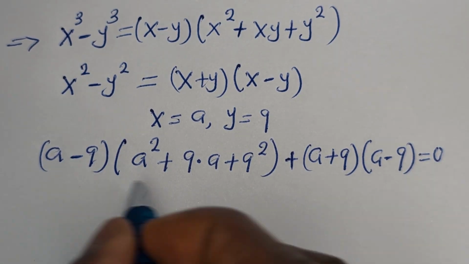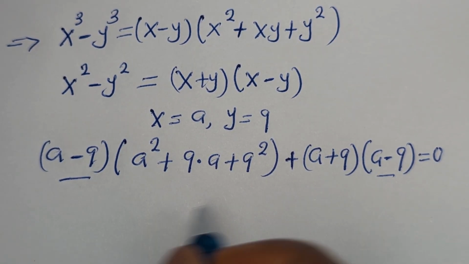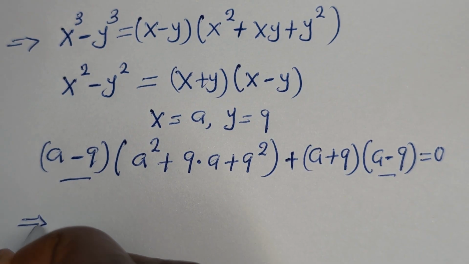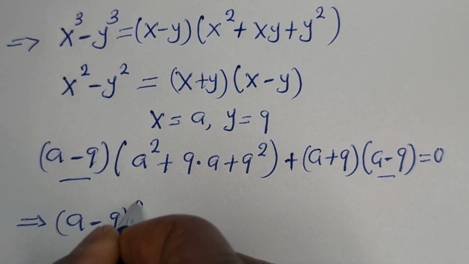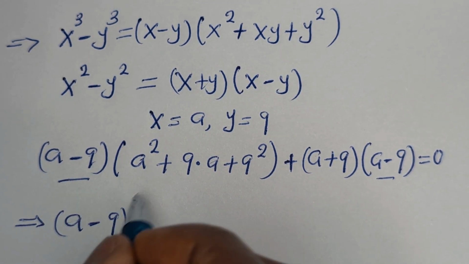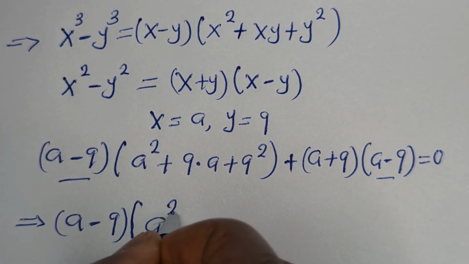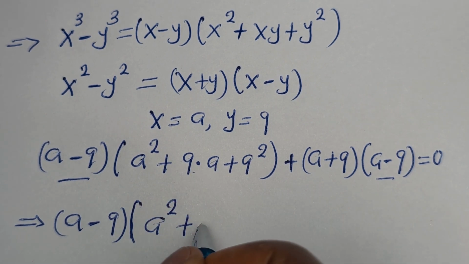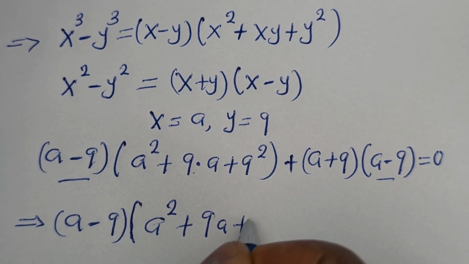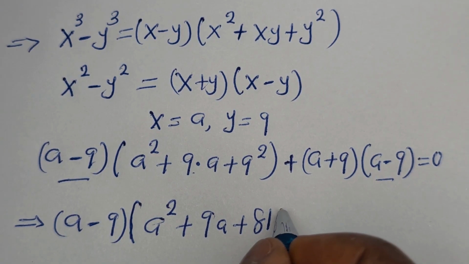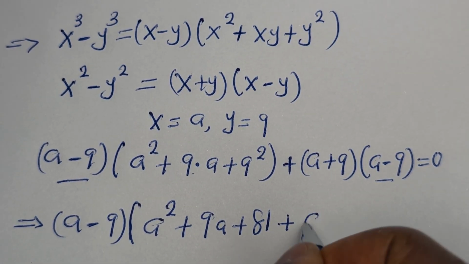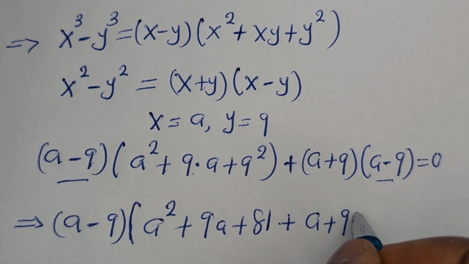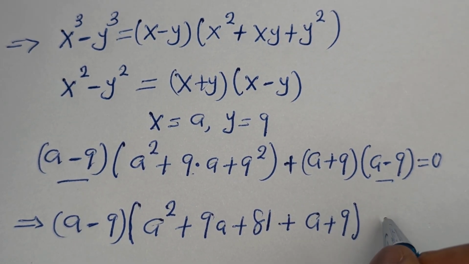Now, a minus 9 is common here and is common here. Let us bring it out. Then a minus 9 bracket, if you divide this by this, we have a square plus 9a plus 9 square, 81, plus if you divide this by this, we have a plus 9 is equal to 0.